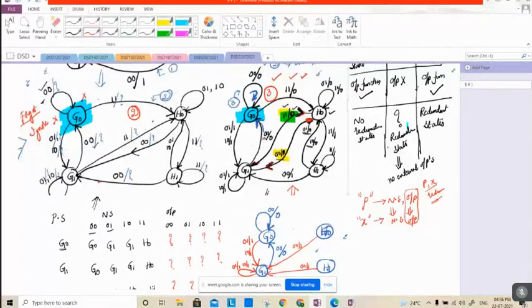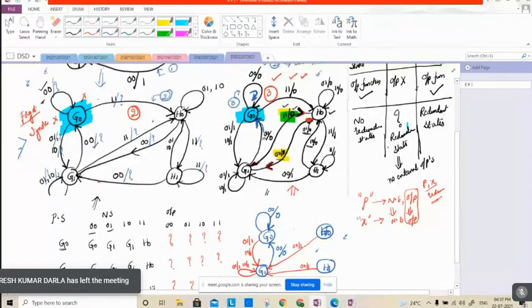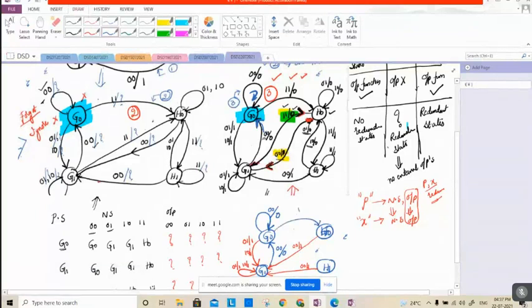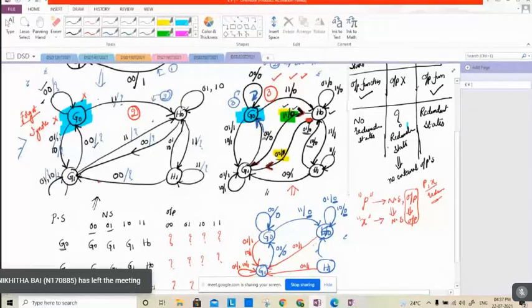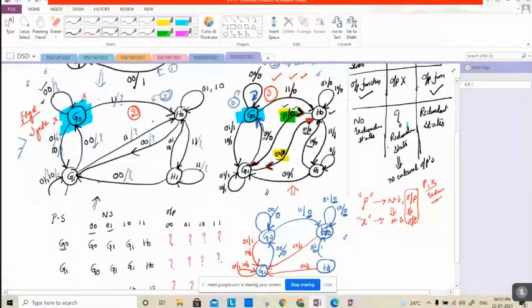Right, now identify the lines which are coming towards H0. What are the lines that are coming towards H0? This is one line whose output is 1, 1 by 0. This is another line whose output is 0, 1 by 0, 1, 0 by 0, and this one, 0, 1 by 0 and 1, 0 by 0.